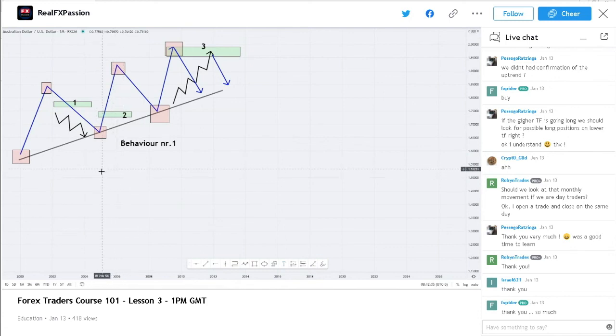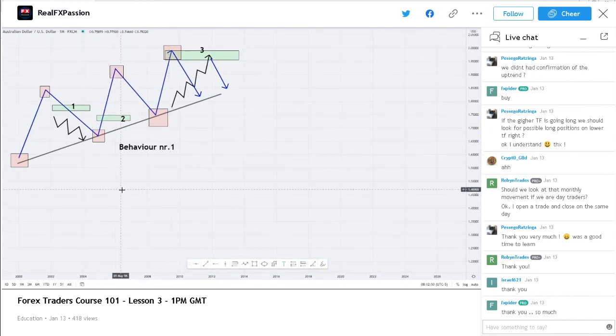Now, if you're a scalper, as a personality, as a strategy, as a system, then you don't need the monthly time frame and the weekly time frame. You would focus on the 5 minute, 15 minute, whatever the strategy or the system.